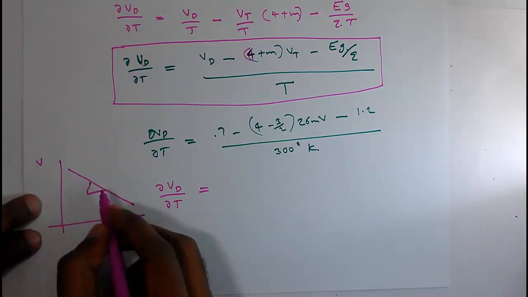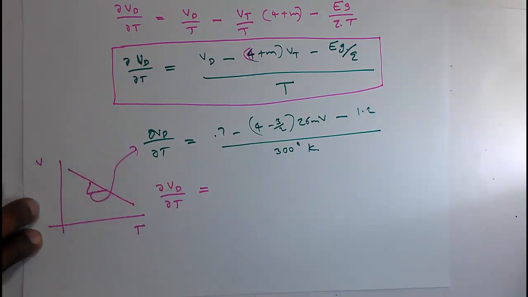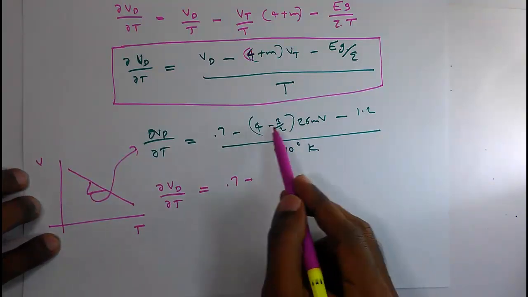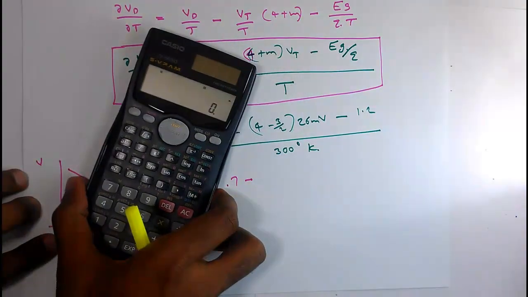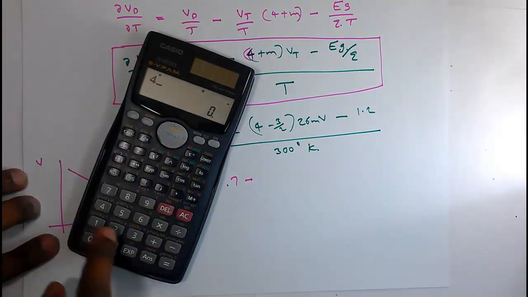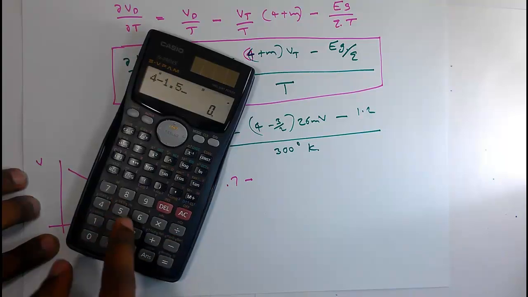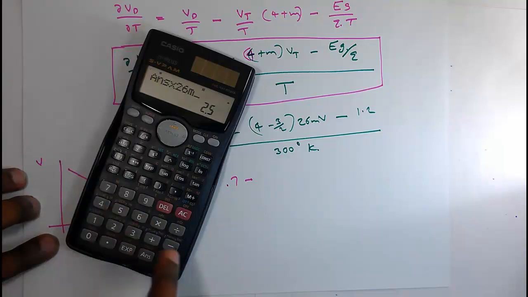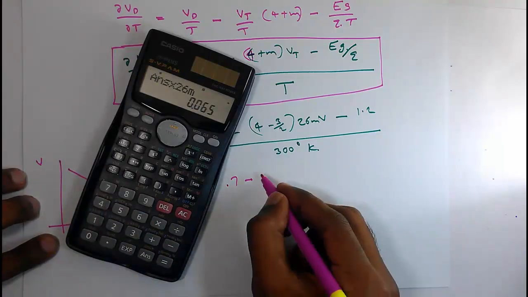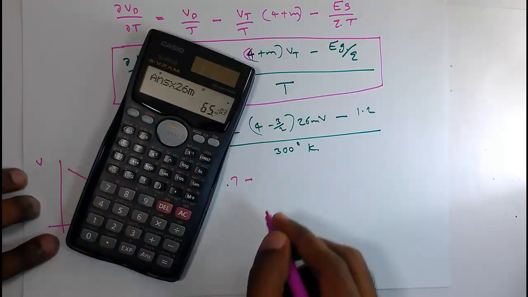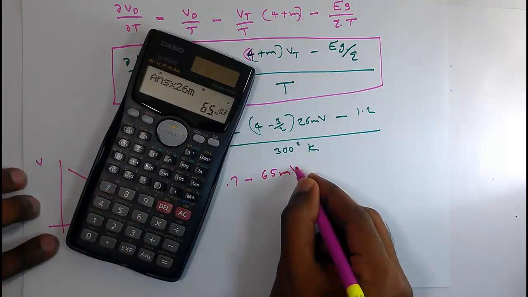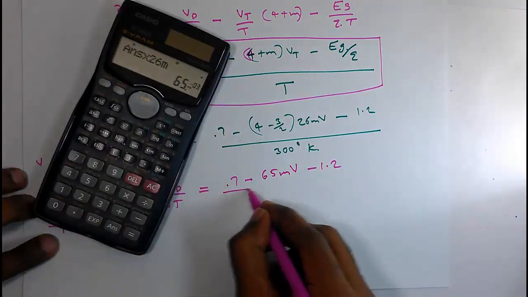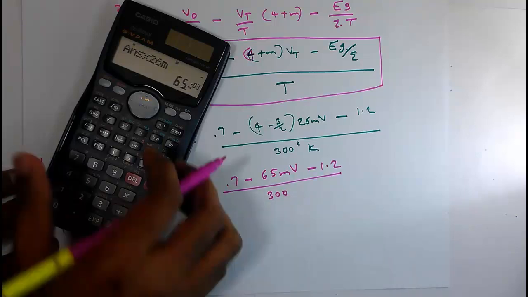So this slope is ∂Vd/∂T which we are calculating now, that is 0.7 minus, this term will be a small value, that is (4 minus 1.5) into 26 millivolt, that is 65 millivolt, minus 1.2 divided by 300.